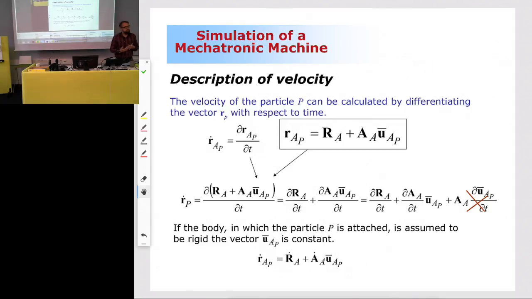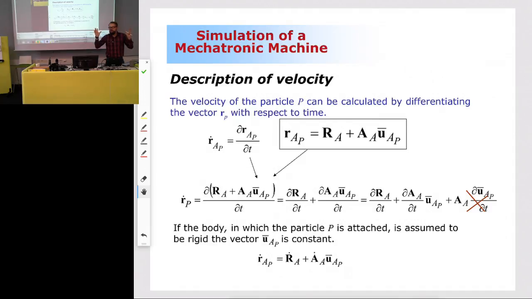Don't get confused about mathematical details. Think about the big picture again. All the time, big picture. Why do we do this? Again, we have this definition of a particle, and we have a lot of particles that form the body. Now we're looking at the velocity of particles, and then later we will look at the acceleration.